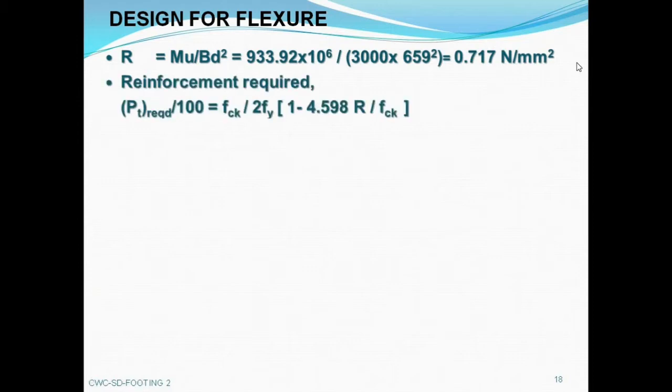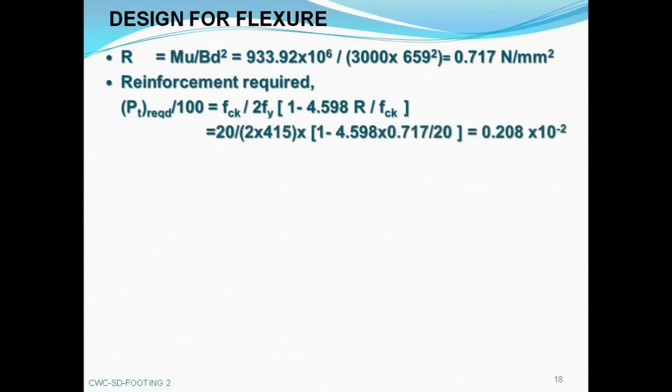Now we can calculate the reinforcement required in terms of PT. We have a formula for PT, that is PT required divided by 100 equal to fck by 2fy into 1 minus square root of 1 minus 4.598 R by fck, where fck is equal to 20, fy is equal to 415 and R is equal to 0.717.